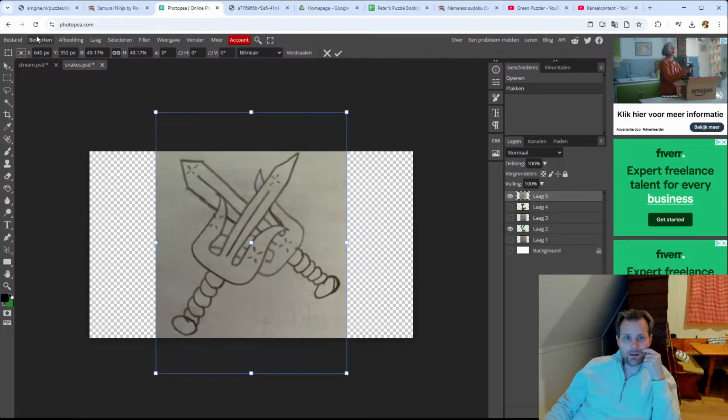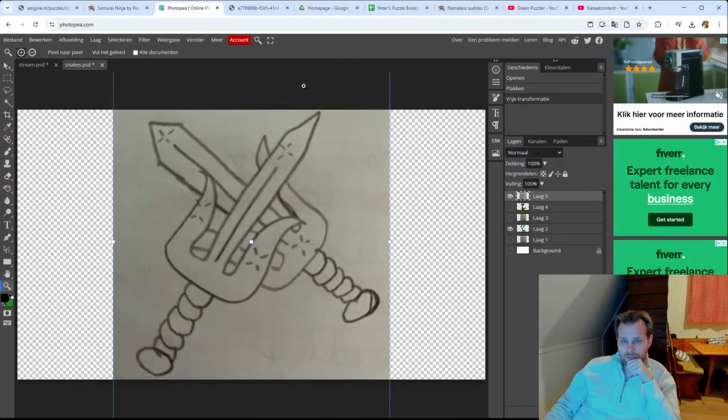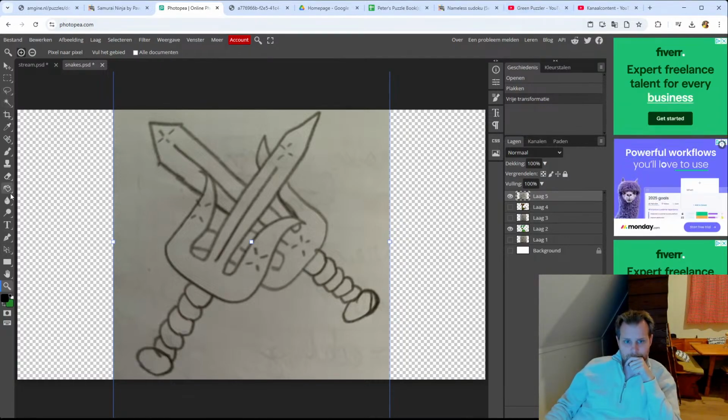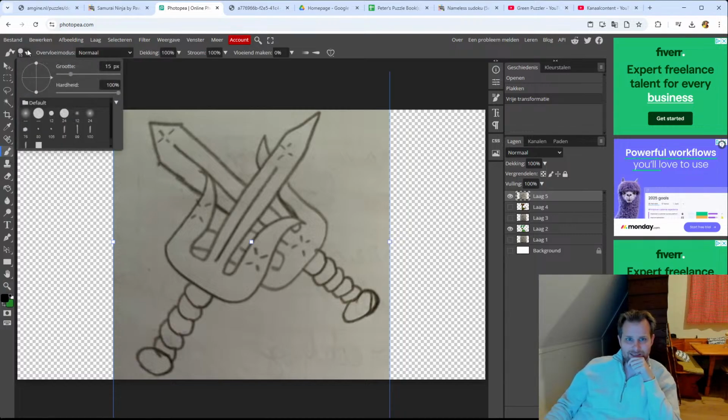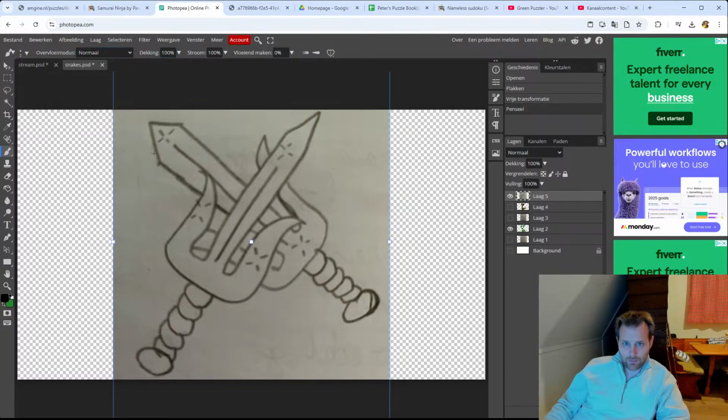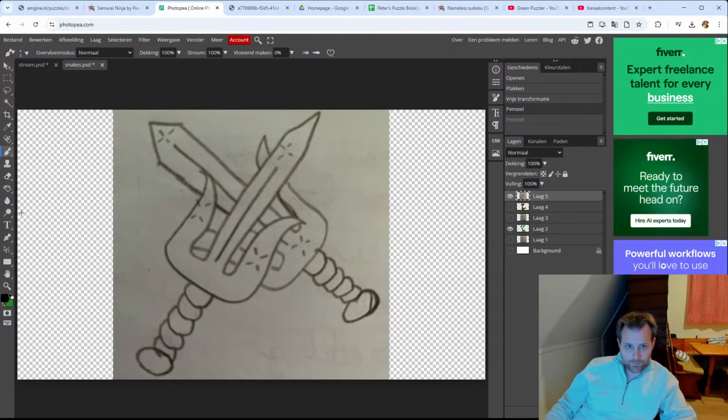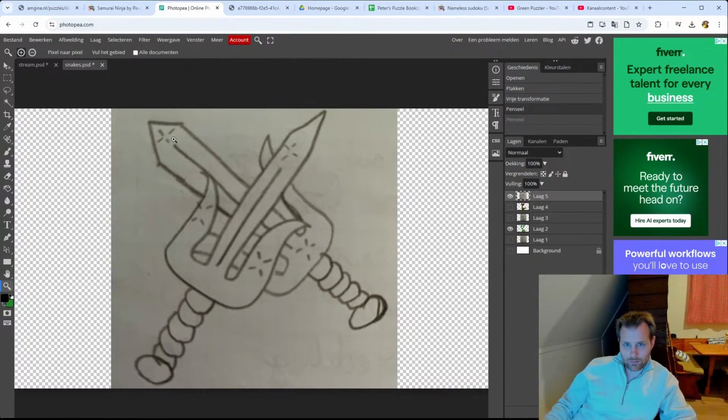Okay, and then we make it like this, and then basically what I do is very simple. It's so simple, it's awesome. 3 pixels, yeah, like that, and then I can do it more like that.